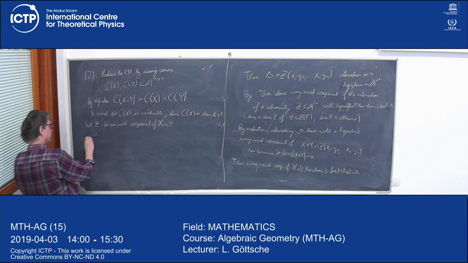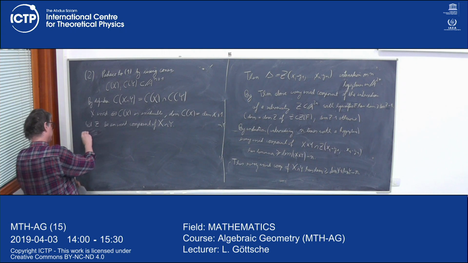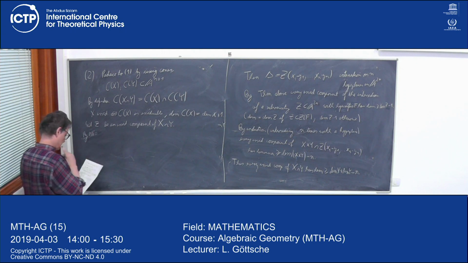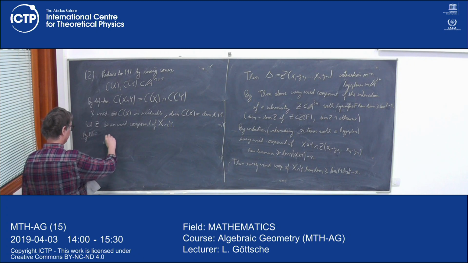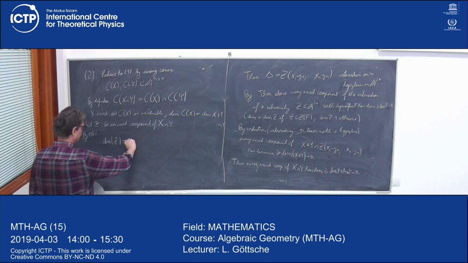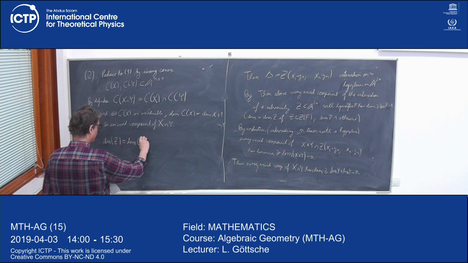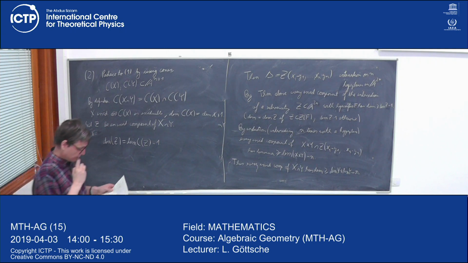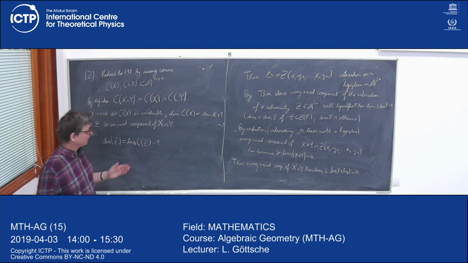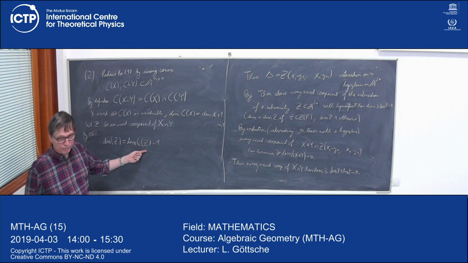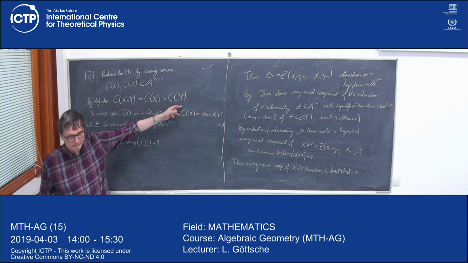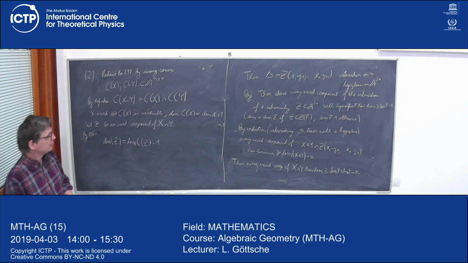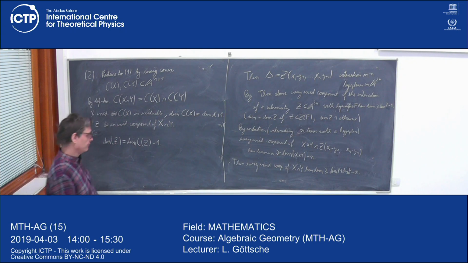So thus, the dimension of Z will be equal to the dimension of the cone over Z minus 1, which, since the cone is an irreducible component of the intersection of Cx and Cy, we can apply the affine result to.